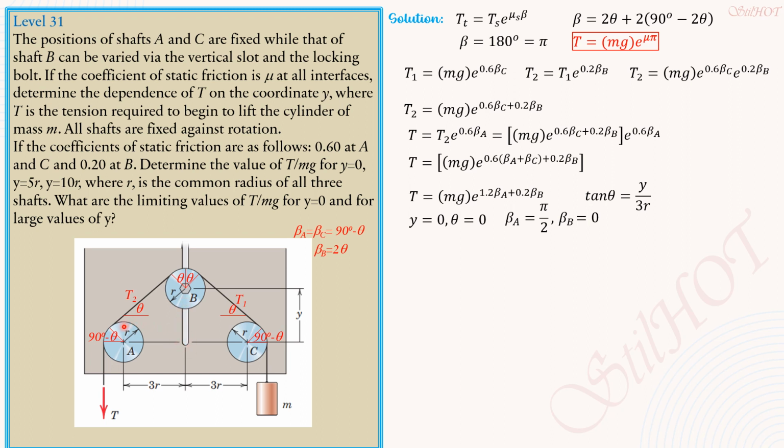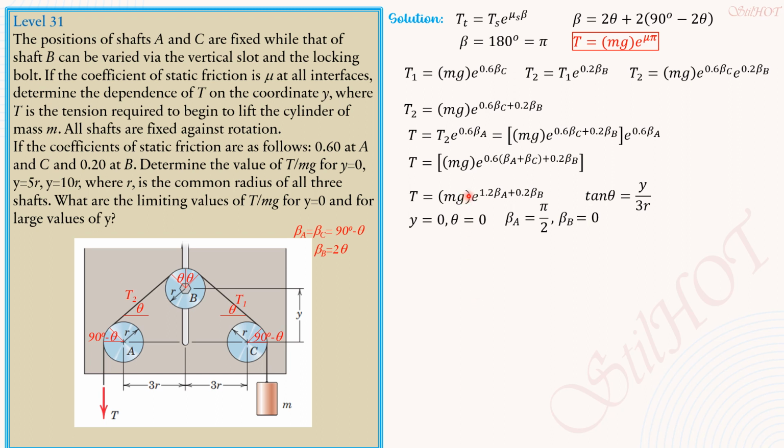So beta A equals beta C. This is the point of contact, tangent, horizontal, is pi over 2. And beta B is 0 for that, because it is just tangent at the top when the cylinder B is at the same level as that of A and C.